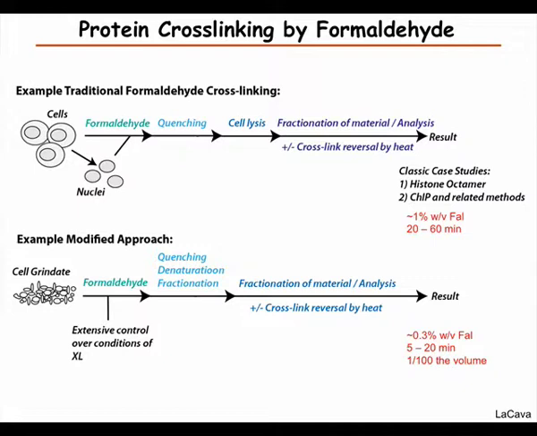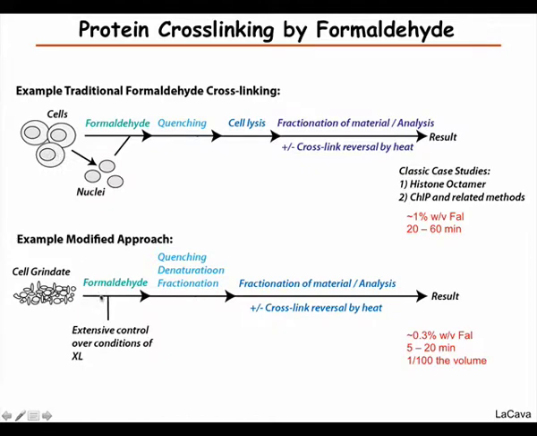The idea here is that one can cross-link in vivo, and then we have to be very careful with the cross-linking, because that will really poison the cells and change a lot of things.